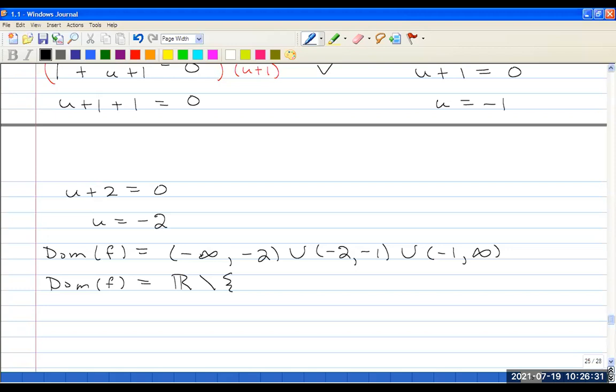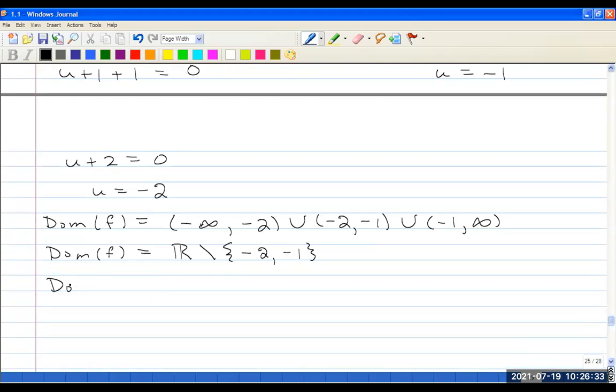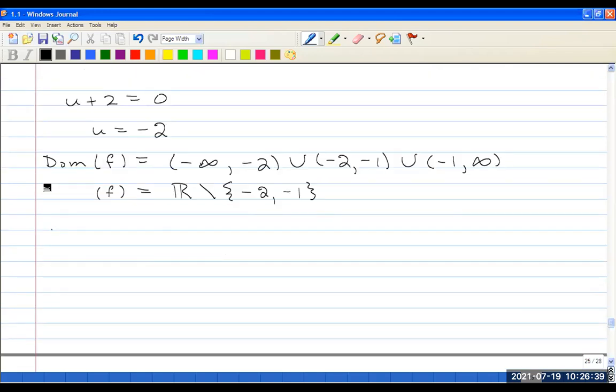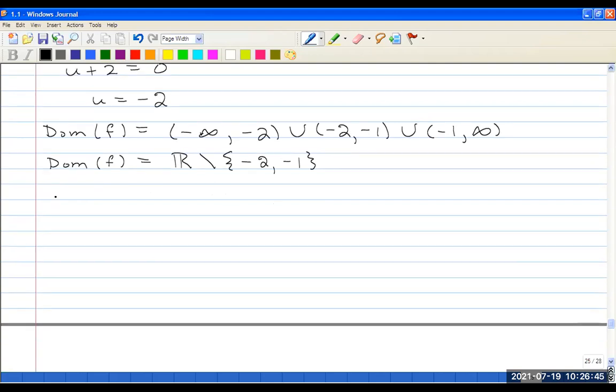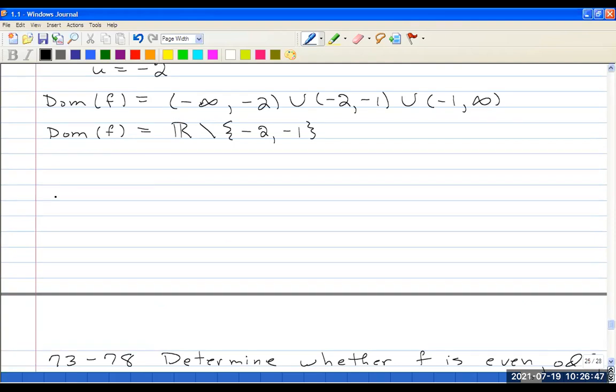Or another way of writing this, and this is really sort of sloppy notation, but I actually write domains this way, usually, as the domain is just the set of all x's not equal to -2, -1.